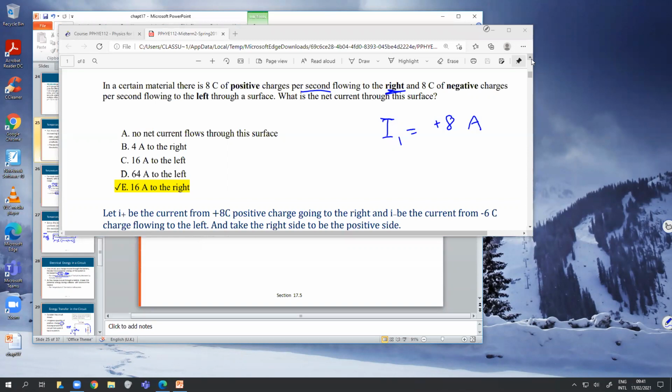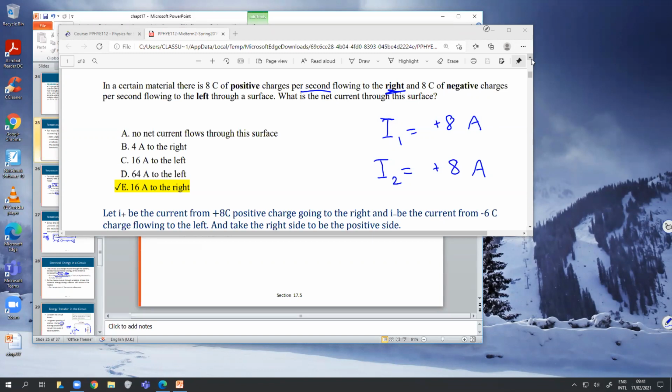Yes. Okay, now let's read the second statement. We have 8 coulomb of negative charges flowing to the left through the same surface. What is the net current? If I call the current due to the negative charges I2, it is flowing to the left, but it is negative charges, so the direction of the current will be to the right. It's also 8 coulombs per second.